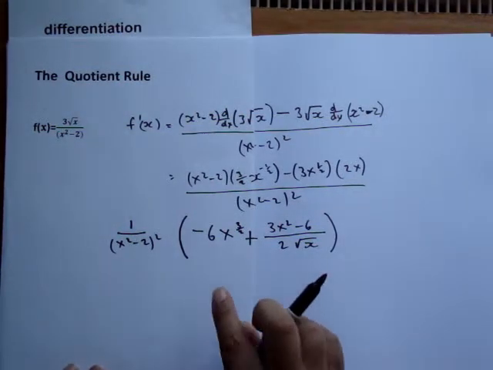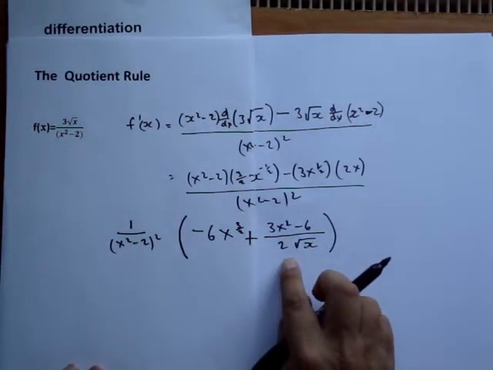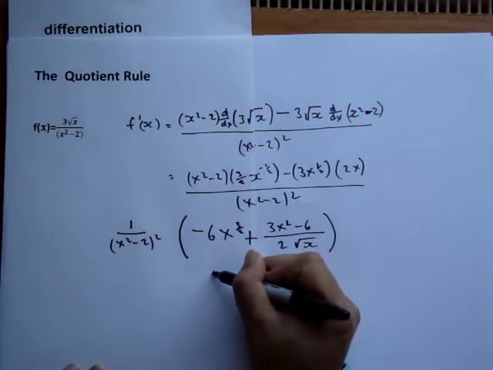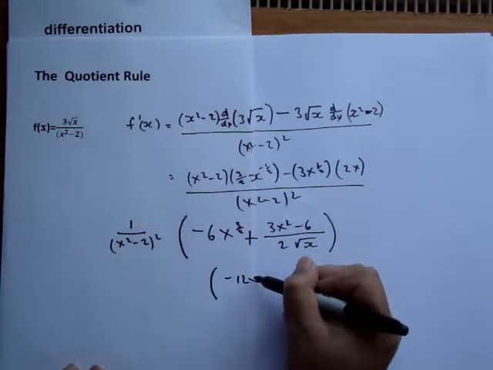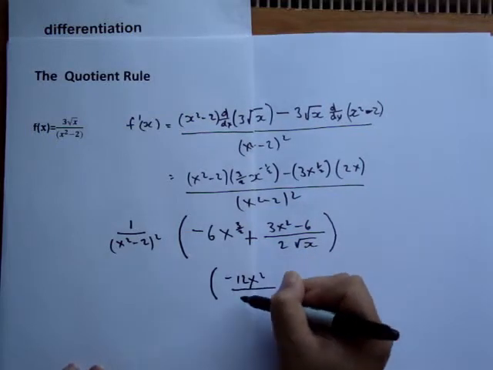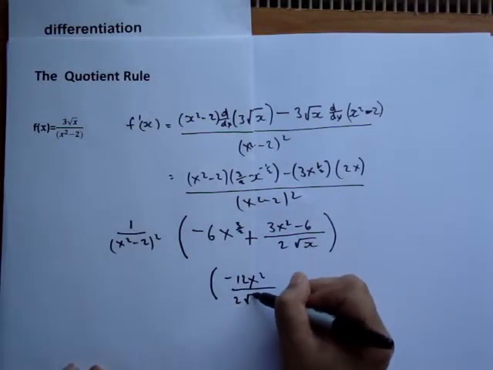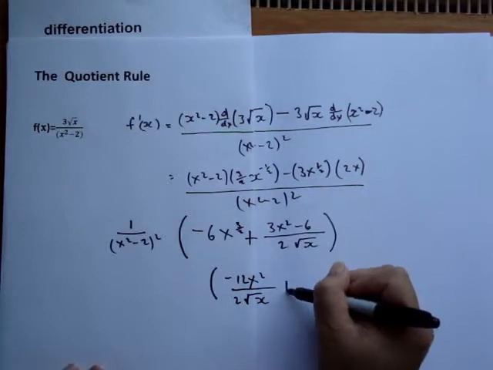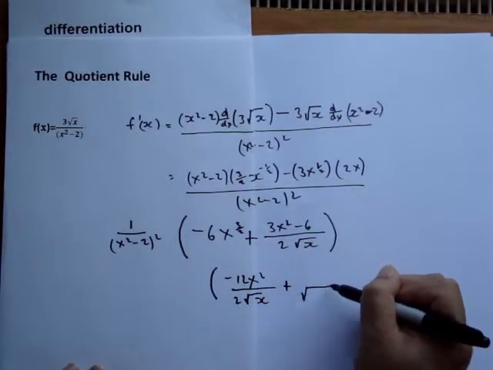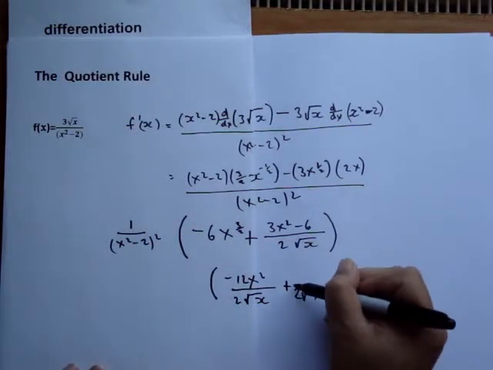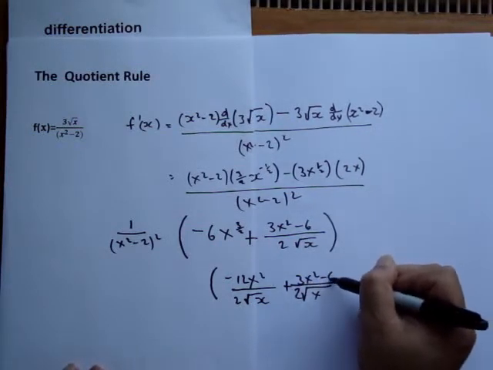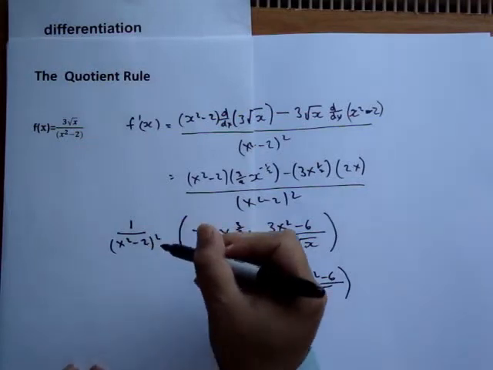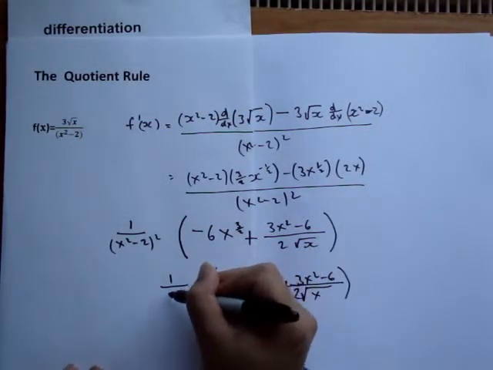And finding a common denominator here of 2 root x, this then becomes minus 12x squared over 2 root x plus 3x squared minus 6 over 2 root x, and then we have this on the outside.